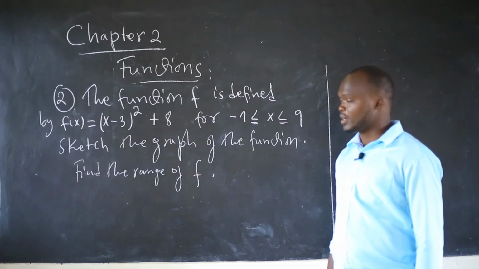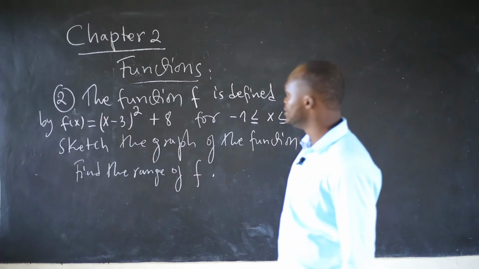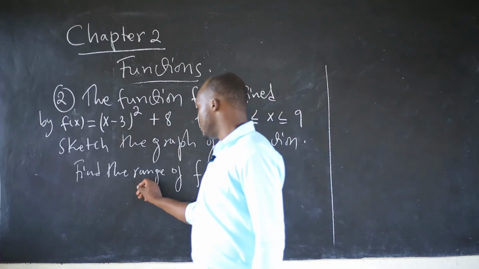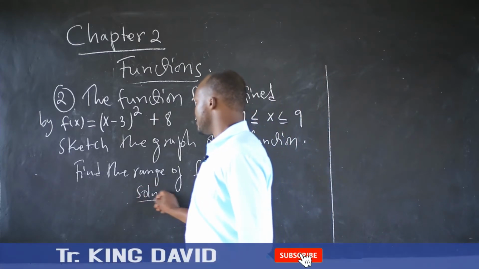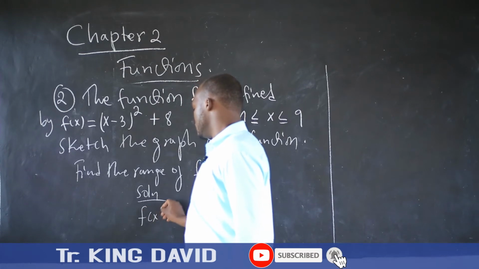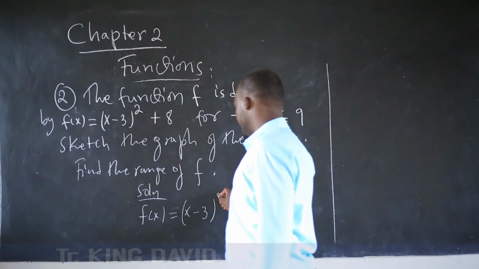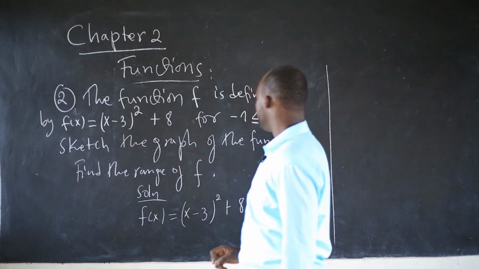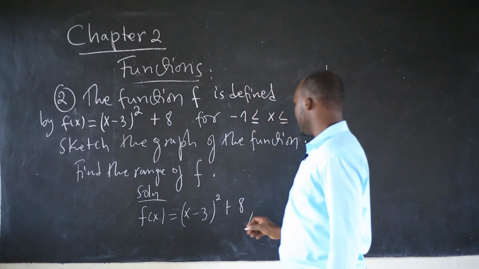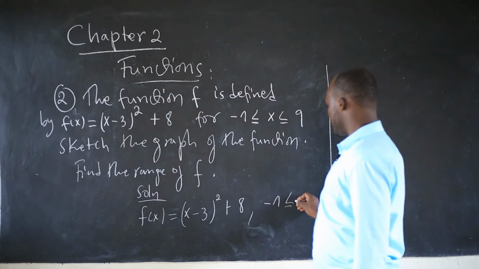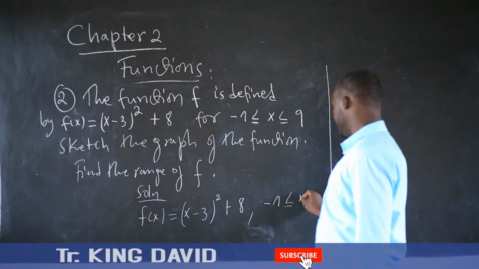So let us proceed from number 2. This is example number 2. The function f is defined, we have f of x equal to (x minus 3) squared plus 8. This is a function. We have the domain from -1 up to 9.